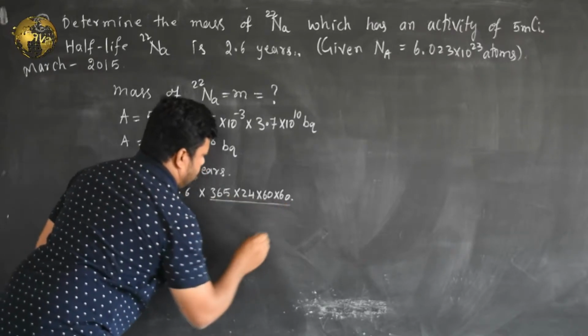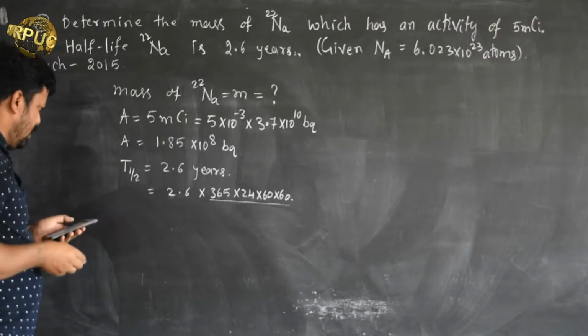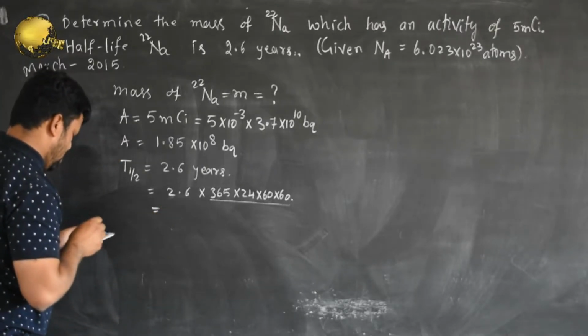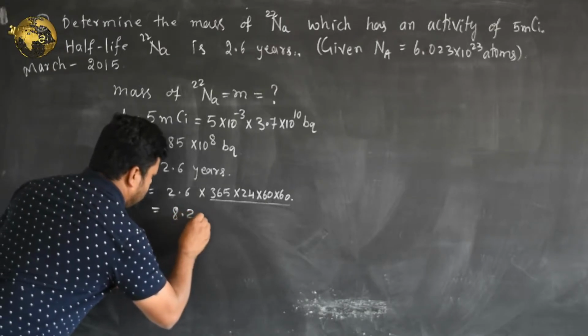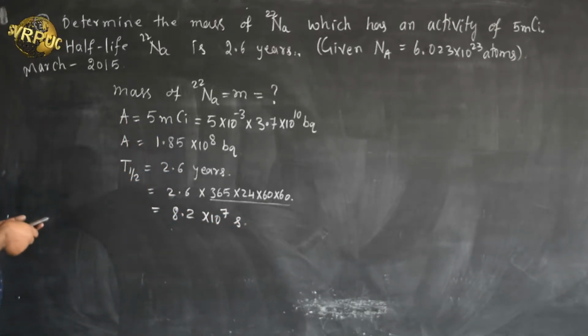You can calculate this value directly, put it in online, then you can go with the direct answer. This comes out to be 8.2 into 10 to the power 7 seconds.